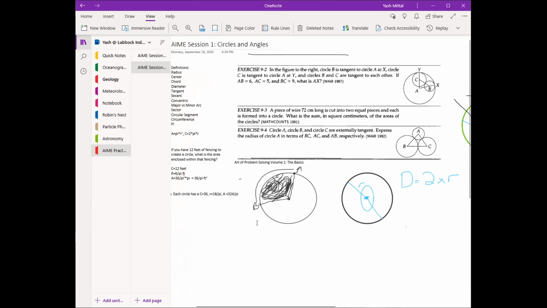And then, all right, so we have AC is equal to 5, and that's equal to the radius of C, which I'm just going to write as RC, plus some, let's try doing BC first. So BC is equal to the radius of B plus the radius of C.